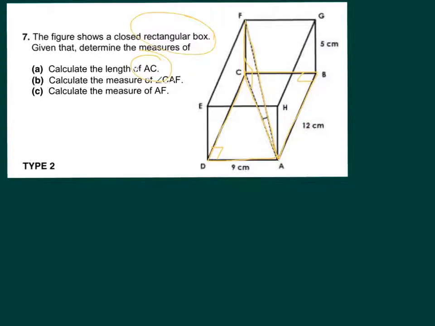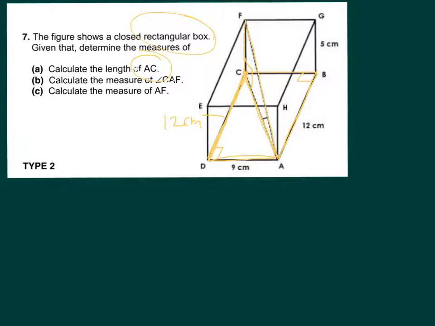So if I have to use a triangle with two known sides, I can use triangle CDA. Even if the number here is not given, I can easily say that this is 12, because the opposite sides of a rectangle are the same.